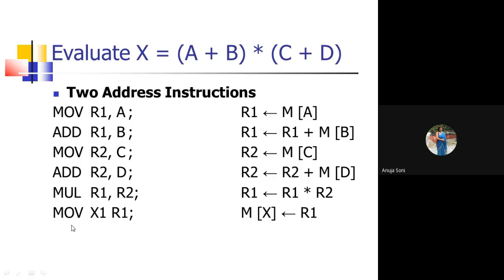In that, the contents will be retrieved from R1 and stored at the location X in memory. It will not be X1, it will be only X in memory. This way it will work. So this is how we write the assembly language program using 2 address instructions. And in parallel to that, you have to write down the details of your micro instructions as well. All these are the micro instructions with respect to each of these instructions.